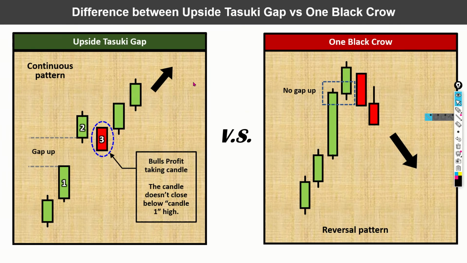Now the upside Tasuki gap is not to be mistaken for one black crow, because it looks slightly the same, since this one has a gap right here. If we define this properly, let's name this candle number one. Then the second day, you have a huge gap.